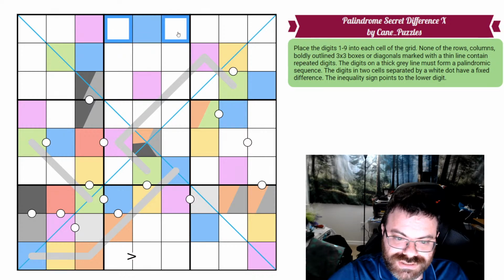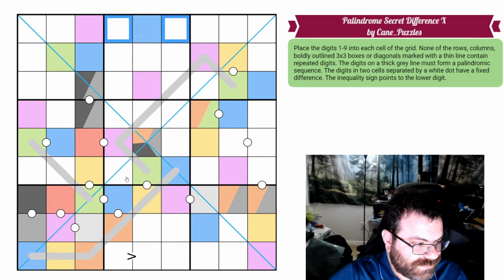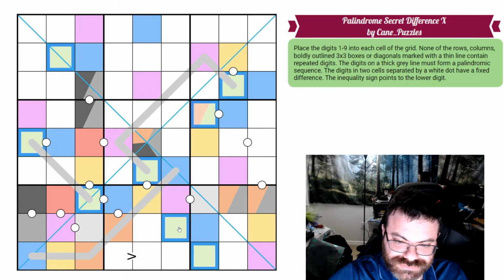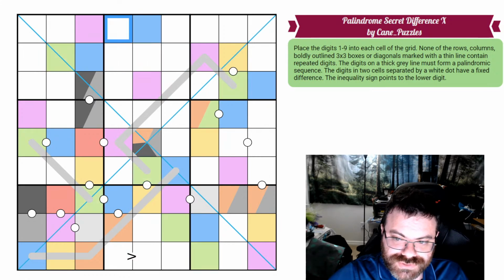So green's in one of these two. That puts a green here. And here. These look up. These look over. That puts a green here. This is not green.